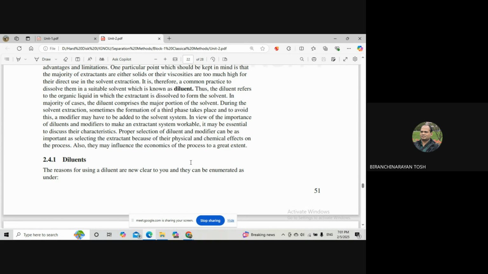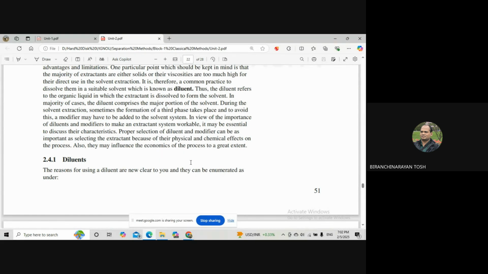Therefore, in common practice, we dissolve them in a suitable solvent, which is known as the diluent. Thus, the diluent refers to the organic liquid in which the extractant is dissolved to form the solvent. In the majority of cases, the diluent comprises the major portion of the solvent. During solvent extraction, sometimes the formation of a third phase takes place, and to avoid this, a modifier may also be added. So, in view of the importance of the diluent and modifier, they make the extractant system workable.